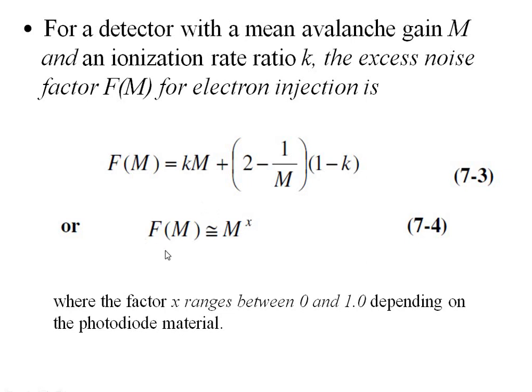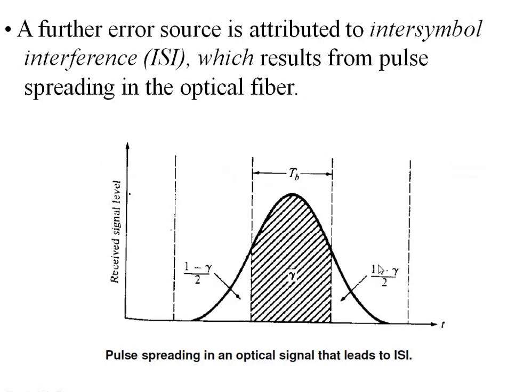We have already seen that F of M is approximated to M raised to x, where the factor x ranges between 0 and 1 depending upon the photodiode material.